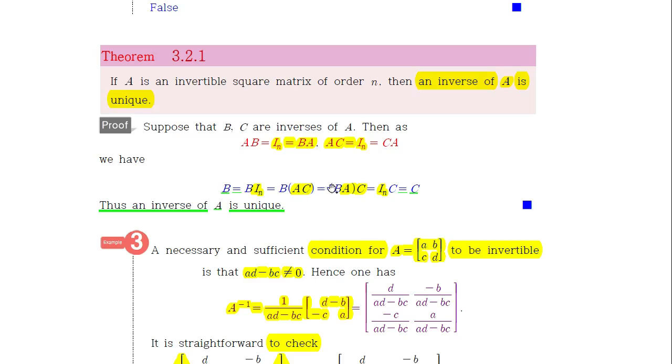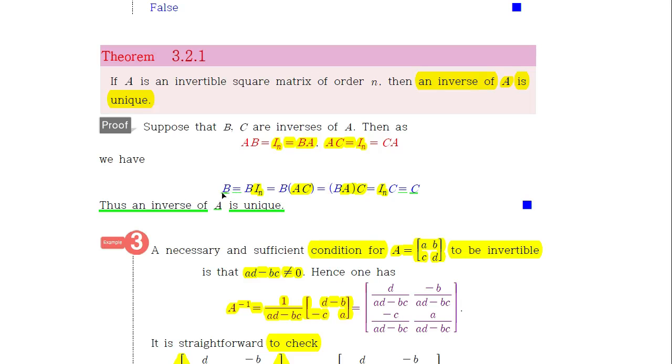So these two are the same because they are associative. Then BA is the identity from the given condition, so this can be written in this way. Then the identity matrix times C is the matrix C.